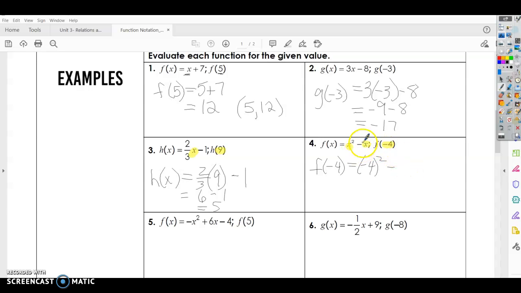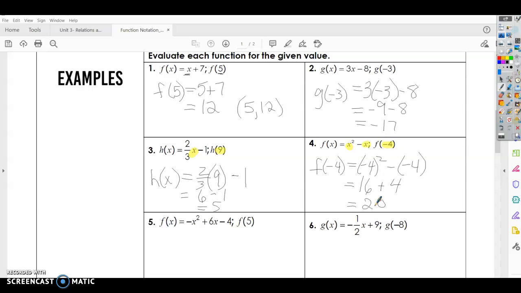The negative is part of the equation, but x is also negative. Negative 4 squared, anything squared is positive, so that's going to be 16. Negative times a negative is positive, so that is also positive 4. 16 plus 4 is 20. So when x is negative 4, y is 20, or f of x.